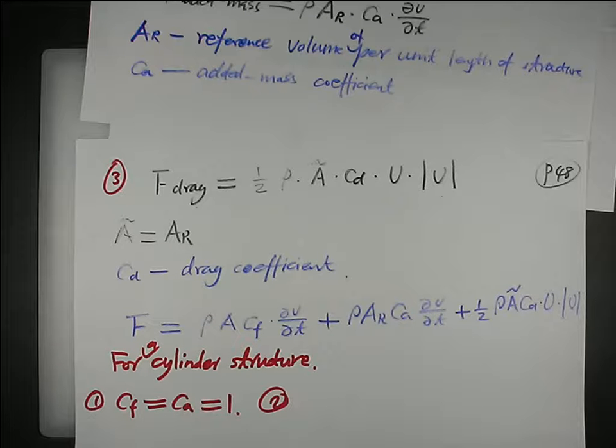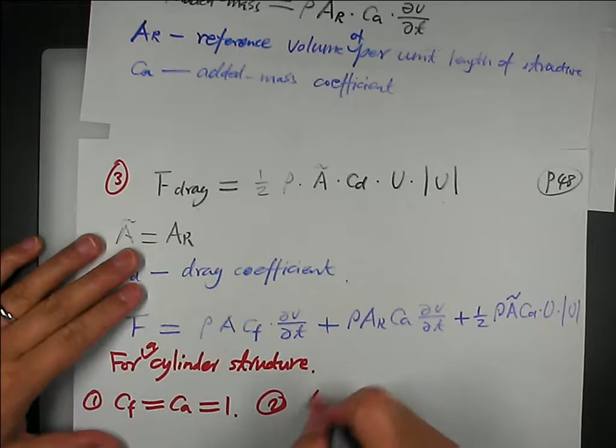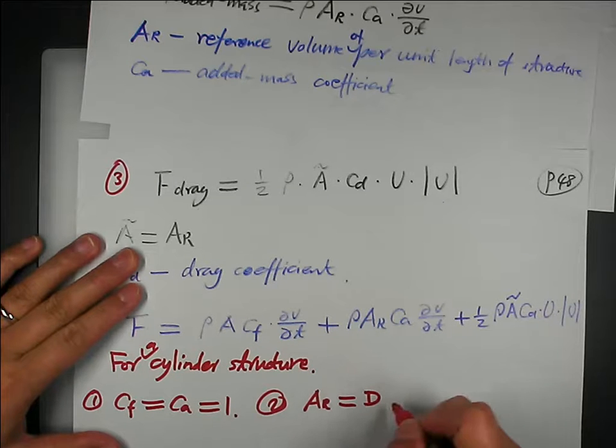If the cylinder is placed in the vertical direction, for example a riser, what is the value of AR? It's length times diameter, because this is a riser. If you look at it this way, the projected area is diameter times length. Per unit length, of course, it is only diameter. So here AR is the diameter D.